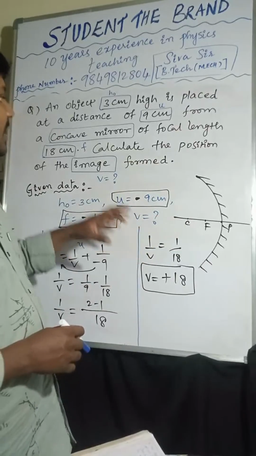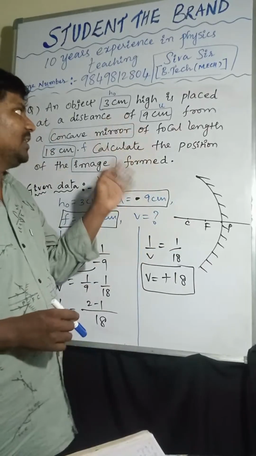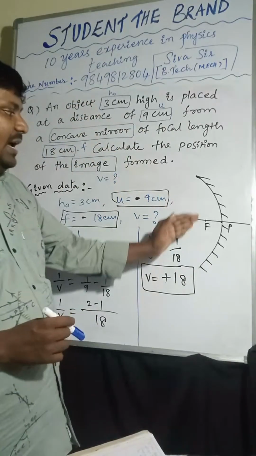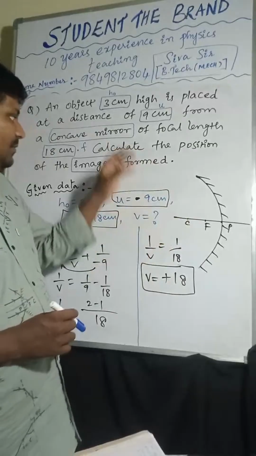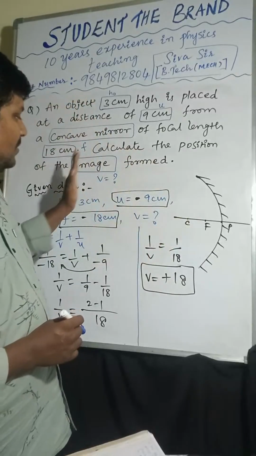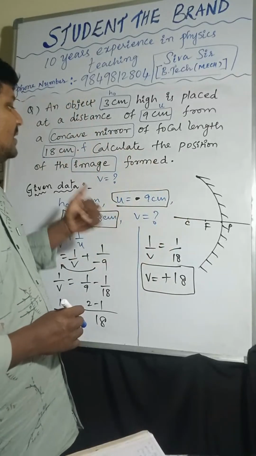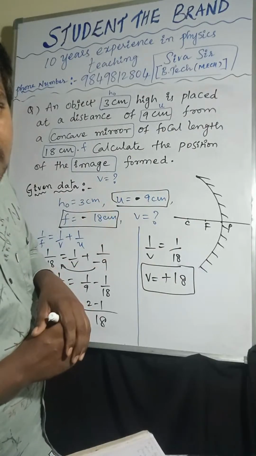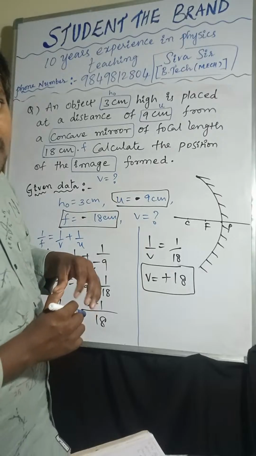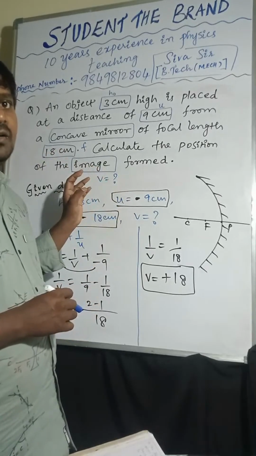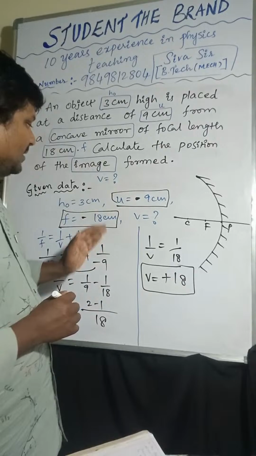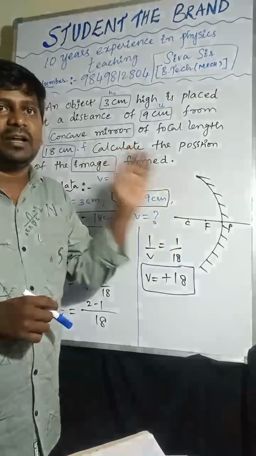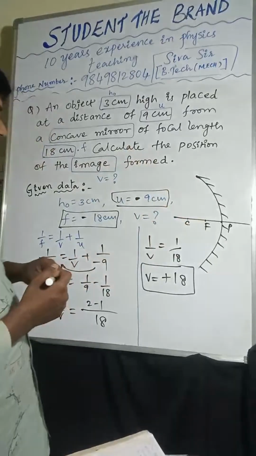For solving the problem, data, sign and next diagram, these three are very important. First, write the data given. Second, sign conventions, according to sign conventions. Third, you can go for image formation.